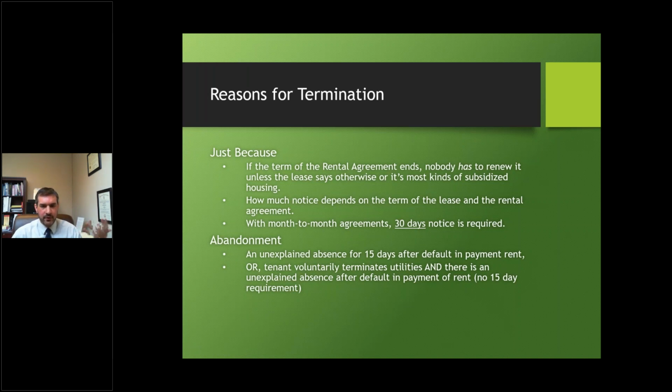You may have to get a permit or have some sort of inspection to make sure it's fit and habitable. So the South Carolina Residential Landlord Tenant Act does not speak to what you need to do to become a landlord, but either the municipality where you live or the public housing authority, if you're trying to become a subsidized housing choice voucher landlord, would be two sources I would check out.